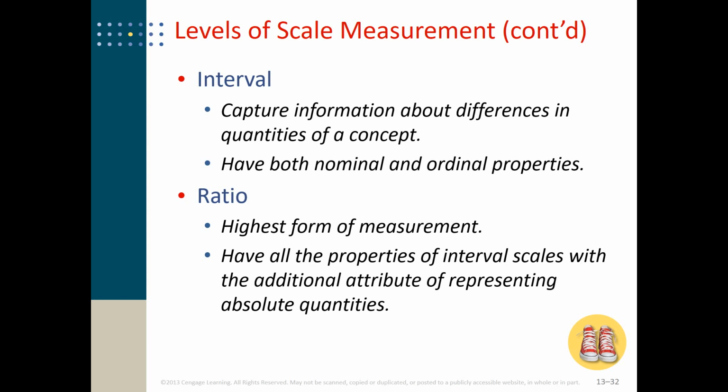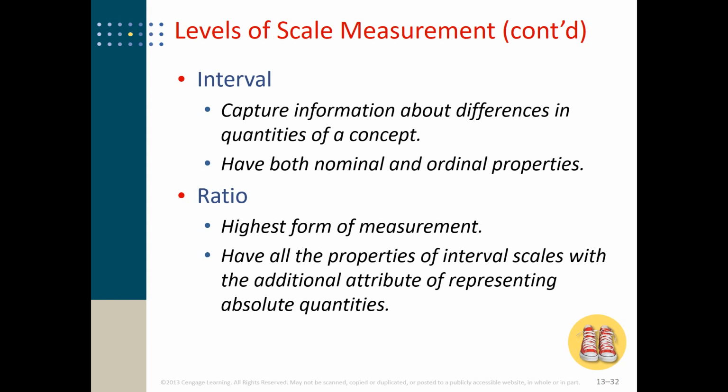These are interval scale measurement. They show some identification, they show some ranking, but at the same time, it captures the differences. Between 2.5 and 3, it captures the differences of the measurement. For example, if we are measuring student performance by grade point average, this 0.5 captures these differences in student performance.